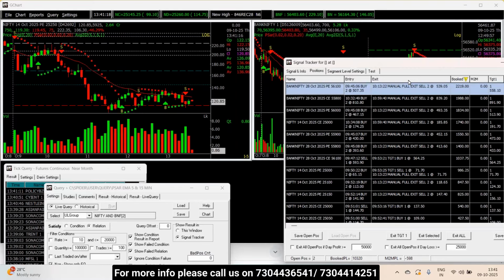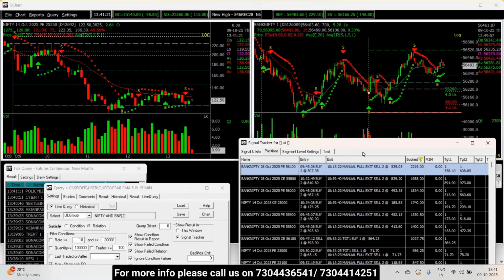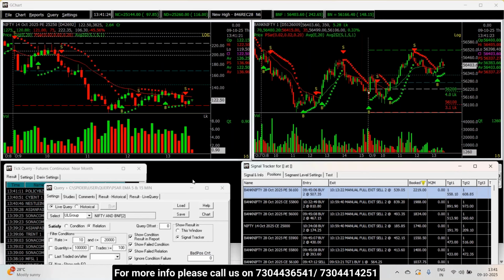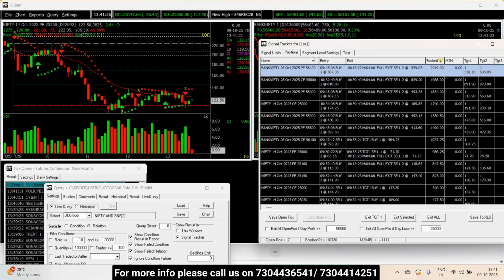In this way, the algo will take profits from Nifty and Bank Nifty in the options. Today it's 10,000 running. Yesterday it gave a solid performance of 60,000, and the day before yesterday it was 15,000.